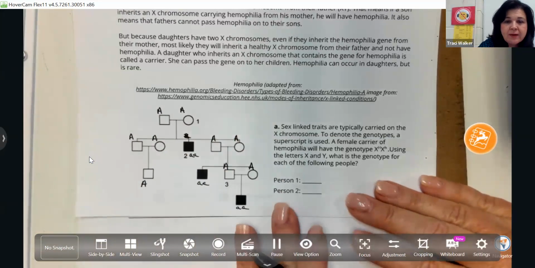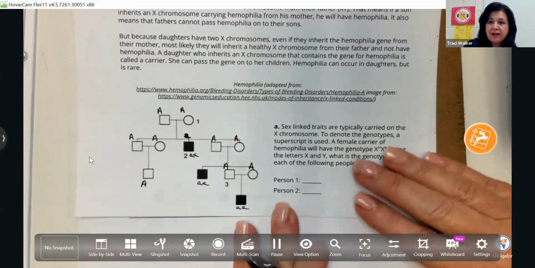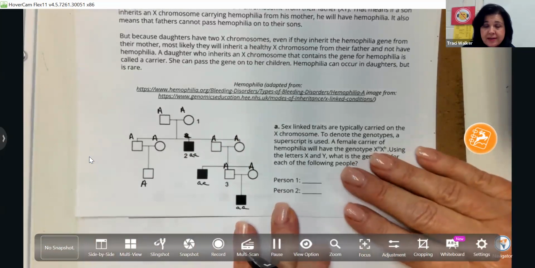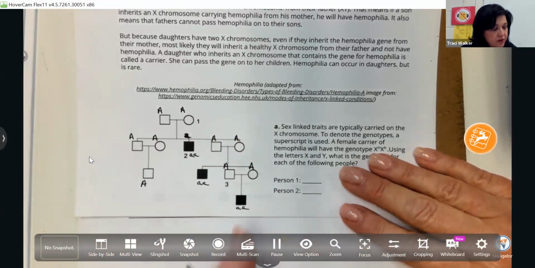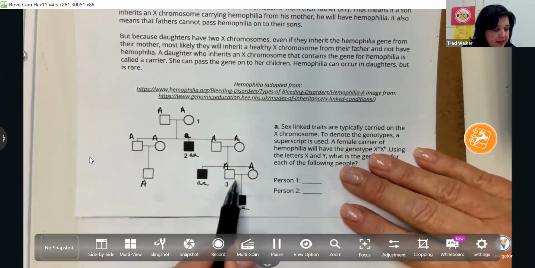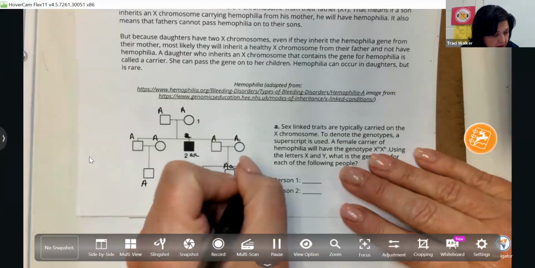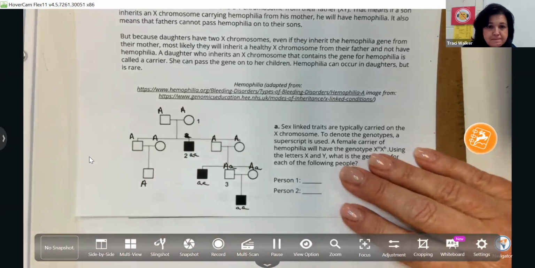Now we have to figure out who are the carriers, or who's heterozygous. If they are connected as a parent or a child of a, then they have to be a carrier. So if we look down here, this boy is a, so that means mom and dad are carriers.